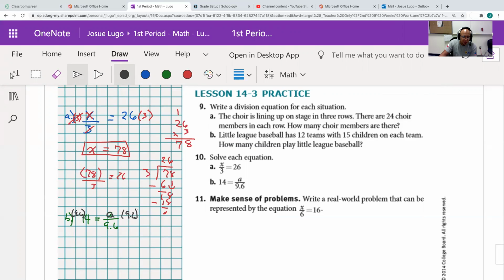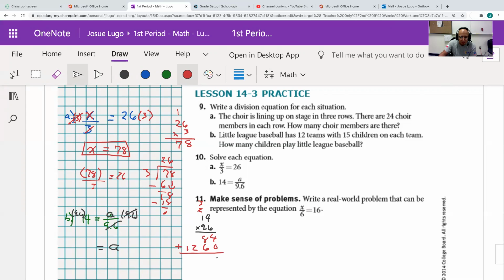9.6 divided by 9.6, that cancels. That's just a 1, leaving the a isolated. Now I have to do 14 times 9.6. 6 times 4 is 24. 6 times 1 is 6 plus 2 is 8. 9 times 4 is 36. 9 times 1 is 9 plus 3 is 12.